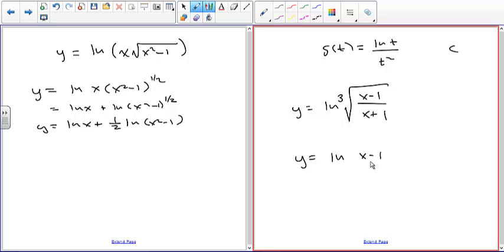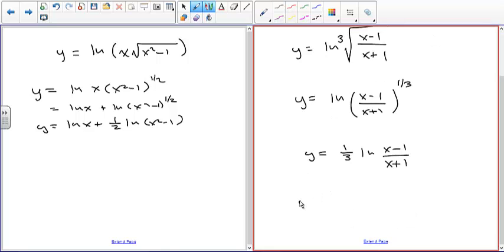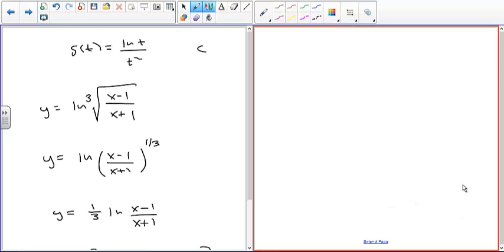Say the natural log, you're changing it first to a fractional exponent. Yep. Okay. Good.